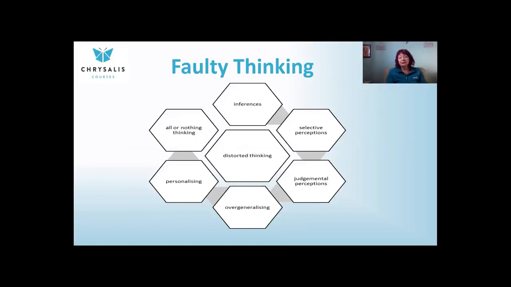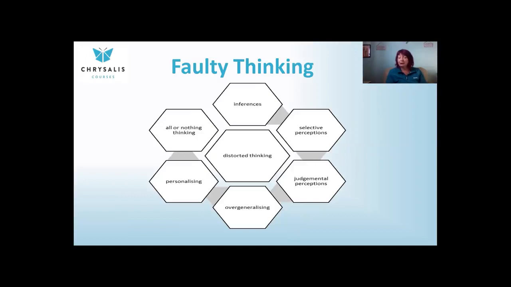So let's look at that, distorted or faulty thinking. So we may have inferences. Now, inferences are when we guess or try to forecast, or we have a hunch about something, but it might not be true. We may have very selective perceptions based on our past experience.